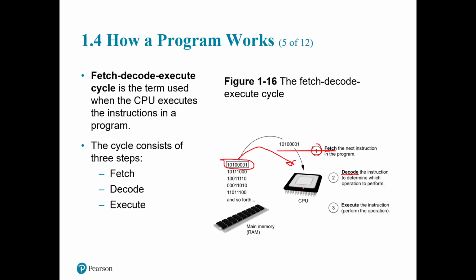Then decode means that the CPU looks at its instruction set and searches for the same number that it just fetched. Once it finds a match, it knows what to do, because this number represents an action that the CPU should do. And then the third step, the last one, execute: just perform whatever the CPU needs to do.